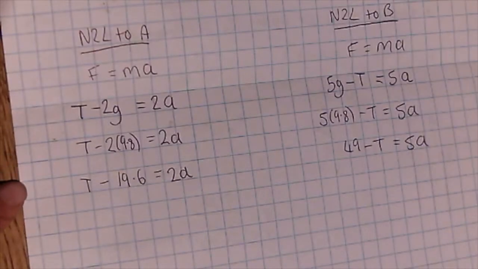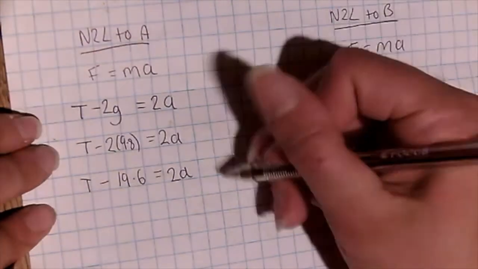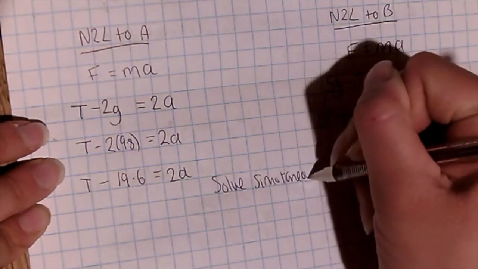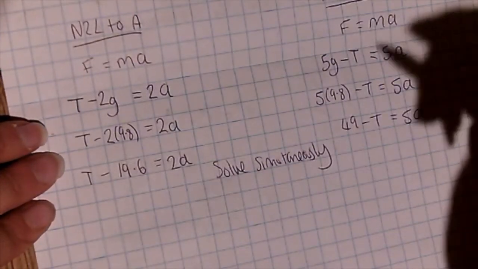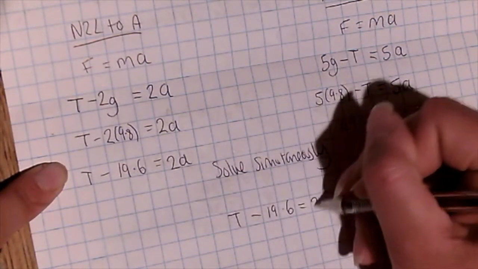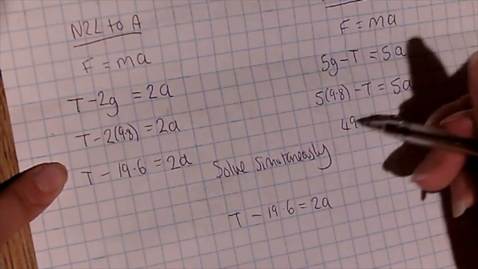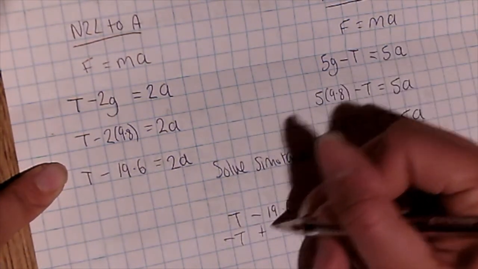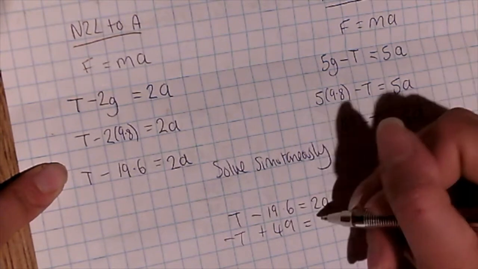So now that we have the equations as simply as we can, we now solve them simultaneously. So we're going to write them down over each other. So this one is T minus 19.6 equals 2a. This one I'm going to rearrange to write the T first, but it's a minus T. So minus T, positive 49, so plus 49 equals 5a.